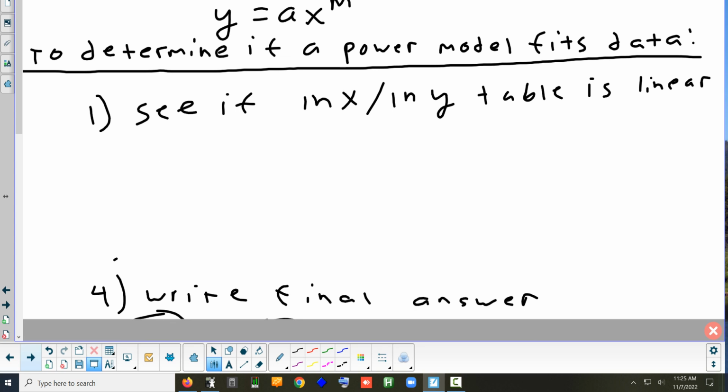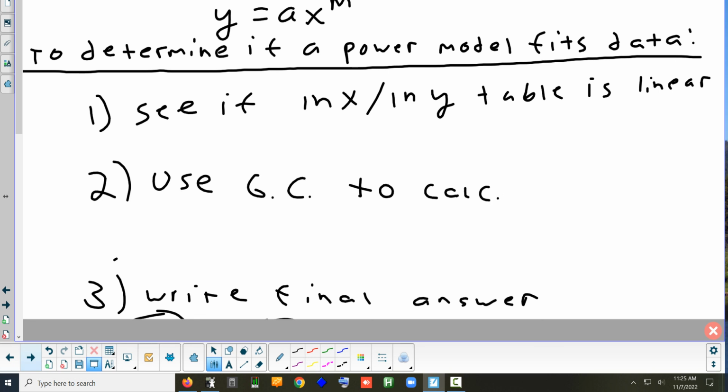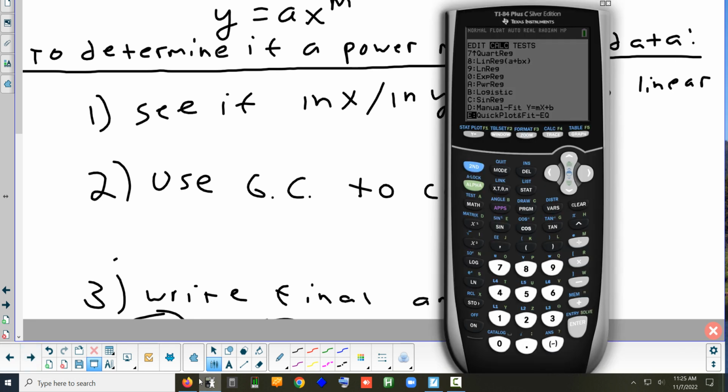So let me rewrite this. Step 2: use the graphing calculator to calculate what's called power regression, PWR-REG. On my calculator, it's option A.